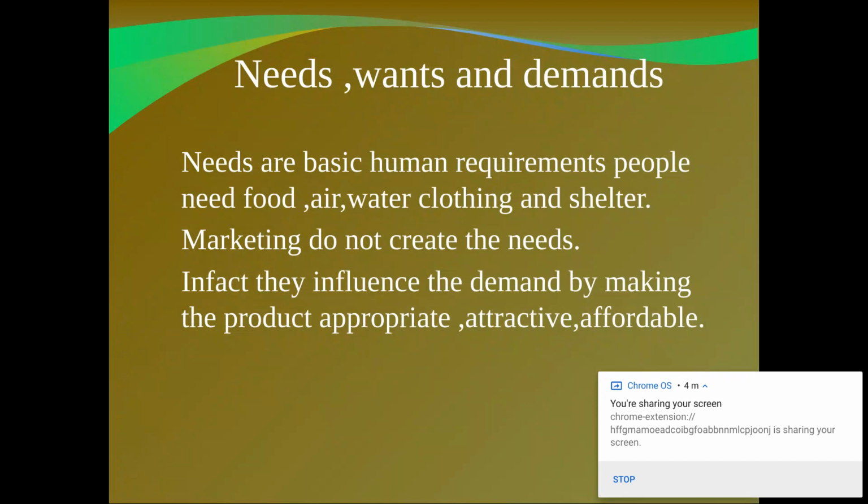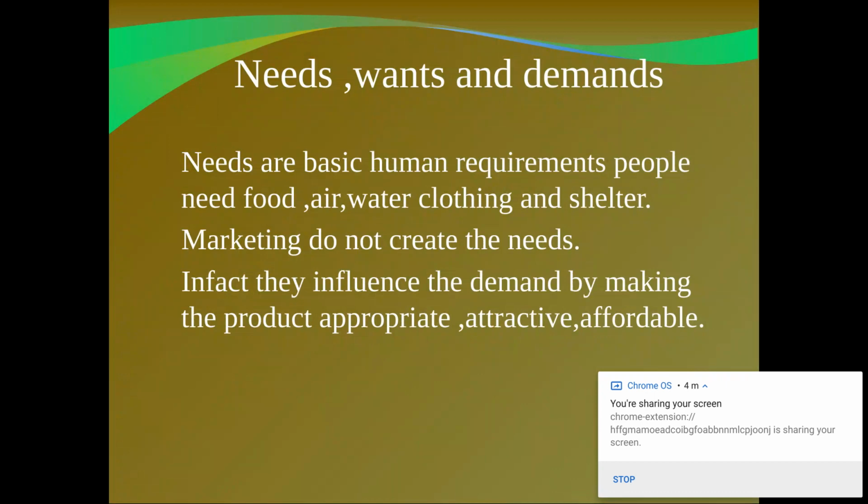When I become specific, I'm talking about want. When I'm not specific, when it is very basic, then I say that it is a need. So when you say that I'm thirsty, you are talking about your need. But when you say that I need tea to quench my thirst, or I need RO water to quench my thirst, then definitely what we are talking about is want.